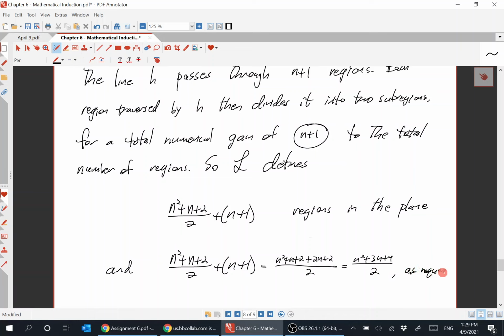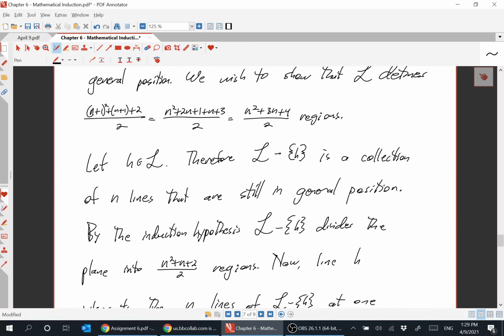Yeah, that's what we wanted. That many regions: n squared plus 3n plus 4 over 2.